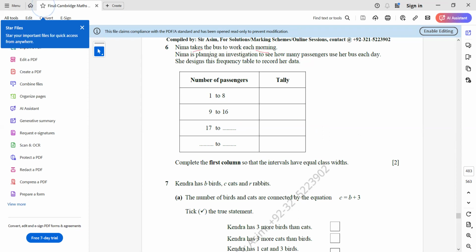Nima is planning an investigation to see how many passengers use her bus each day. He designs his frequency table to record her data: 1 to 8, tally, 9 to 16, 17 to, and then complete the first column, this one, so that the intervals have equal class widths.